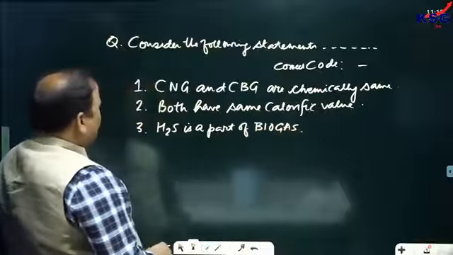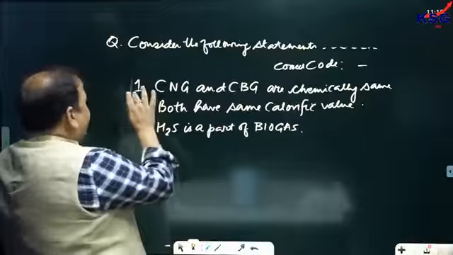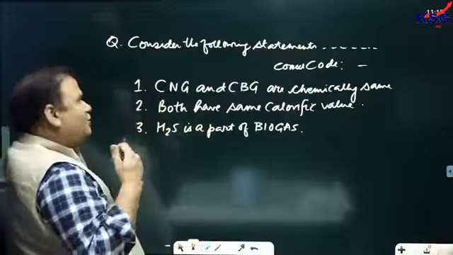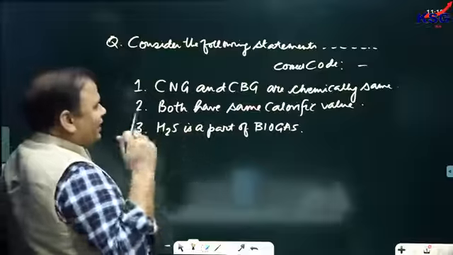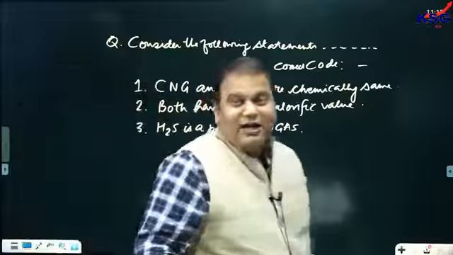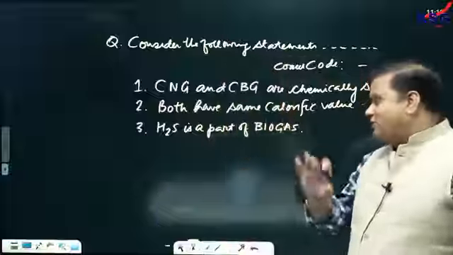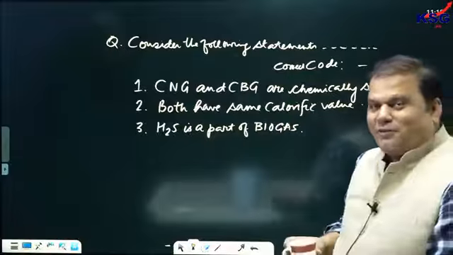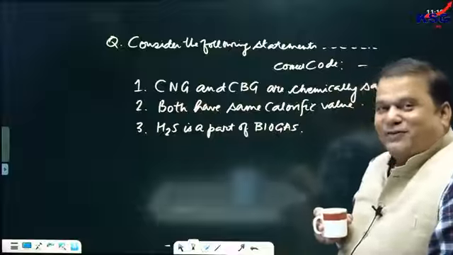Now these are the three statements. Tell me, you have many options: 1, 2, 3, 1 and 2, 2 and 3, none of the above, only 3, only 2. Tell me what is the answer according to your knowledge. I am giving you half a minute of time, I cannot give you 1 minute.